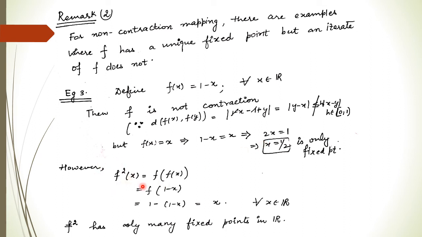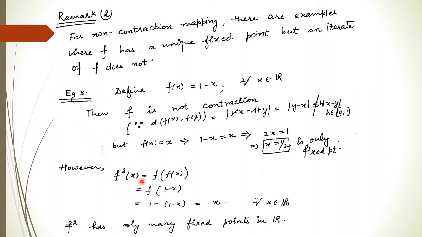But f²(x), what is this? This is f(f(x)). Now what is the value of f(x)? It is 1 − x. So f(1 − x) will be 1 − (1 − x), so this is x. So now every point x is a fixed point of this f².